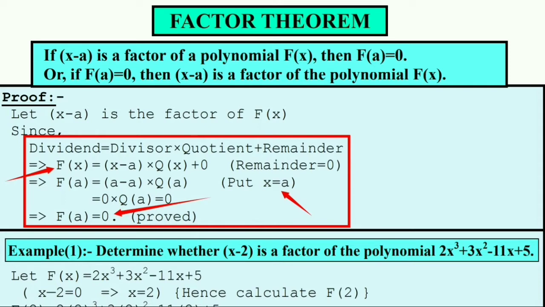So the meaning is very clear: when f(x) is divided by x minus a and the remainder obtained is equal to f(a), it's said by the remainder theorem, and if that f(a), that is the remainder, is 0, then obviously x minus a becomes a factor of f(x). Or in reverse form, if x minus a is a factor of f(x), then f(a), that is the remainder, will always be 0.